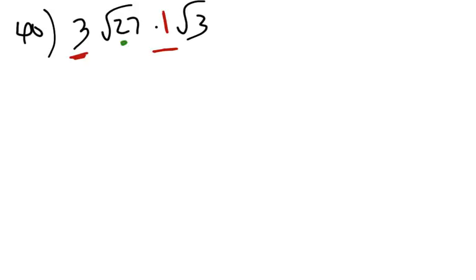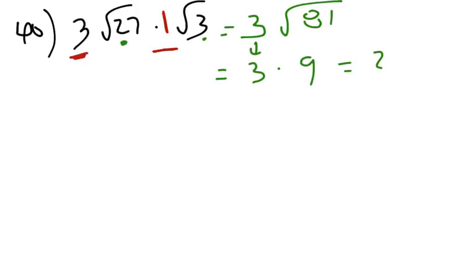The numbers on the inside multiply the numbers on the inside of the radical. So I'm going to have 3 times 1 is 3 on the outside, and 27 times 3 is 81. The 3 stays on the outside, it's coming down. If you realize that 81 is a perfect square, which equals 9, you can do it right away.